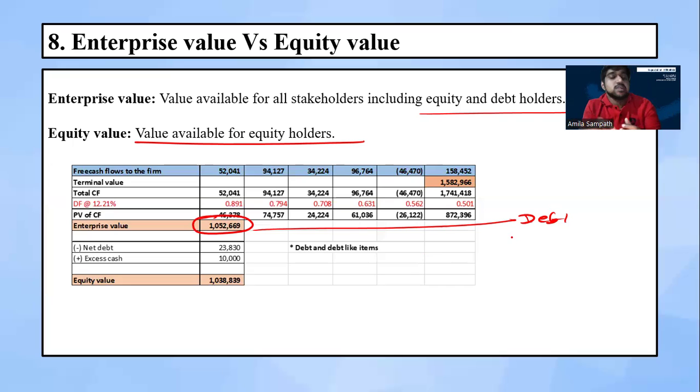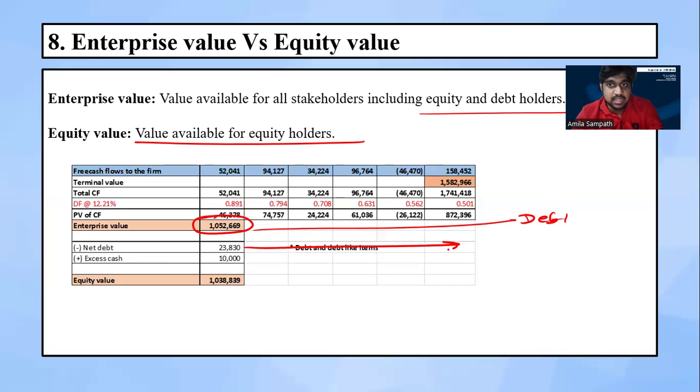Therefore, when we remove the debt value from our enterprise value, we remove it after deducting cash in hand from the debt value, because we assume we can settle our debt holders using our excess cash. Therefore, we deduct net debt from enterprise value.